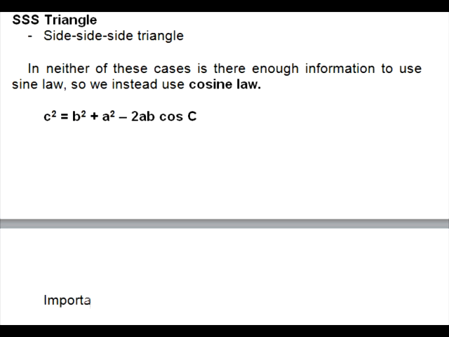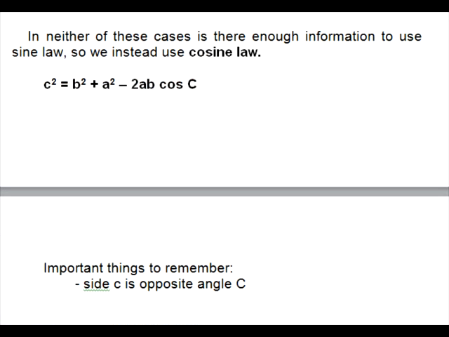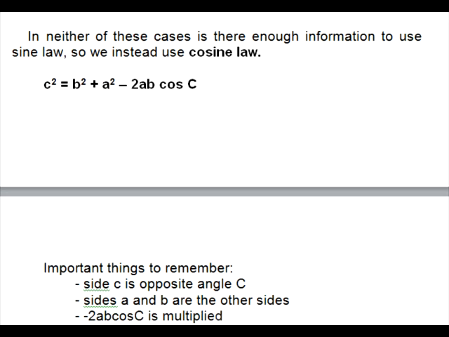So we're going to say a few important things to remember. Side C is opposite angle C, and sides A and B are the other sides, and finally negative 2AB cos C is multiplied together, so keep them together.